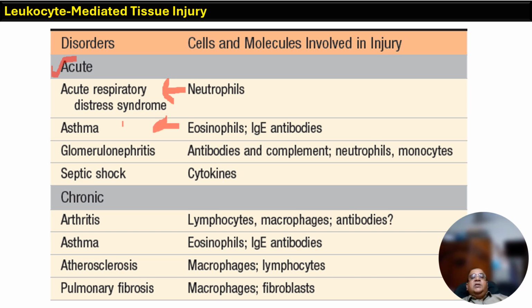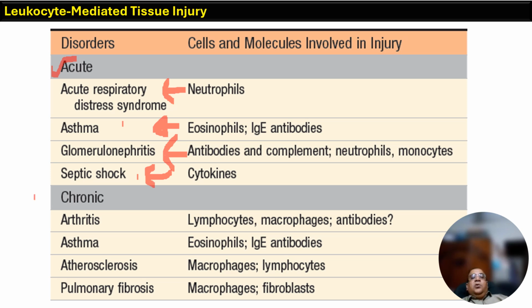Eosinophils and IgE antibodies are the major cause of damage in asthma. Antibodies, complement, neutrophils and monocytes are among the causes of injury in glomerulonephritis, while in septic shock, the cytokines are the major culprit.